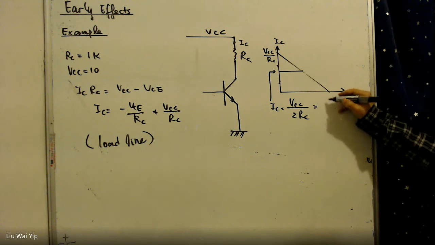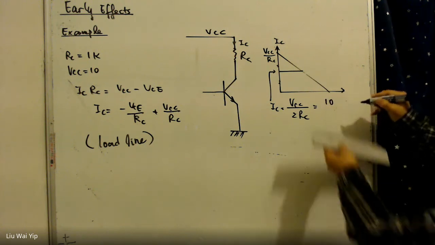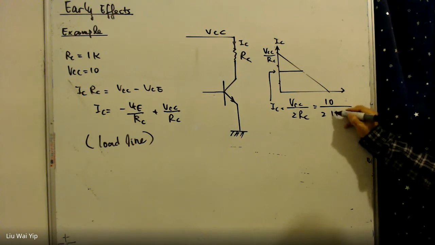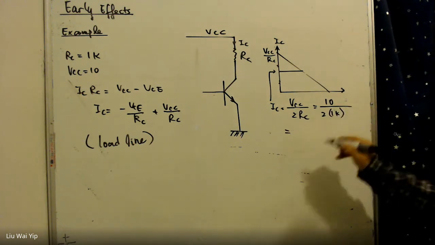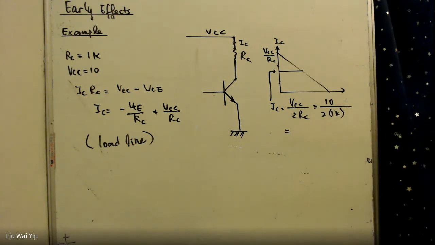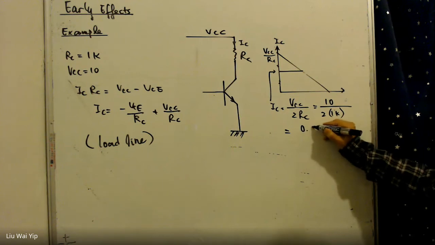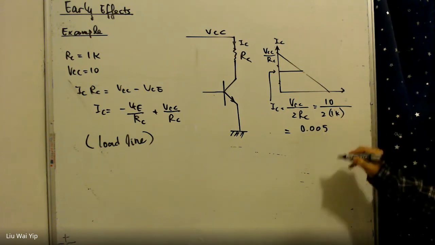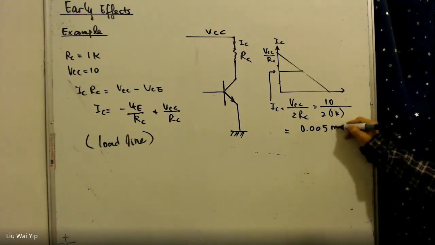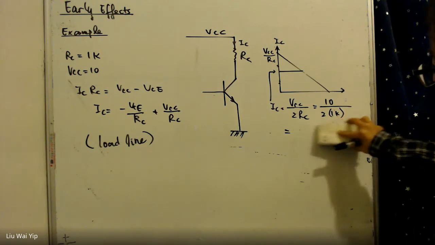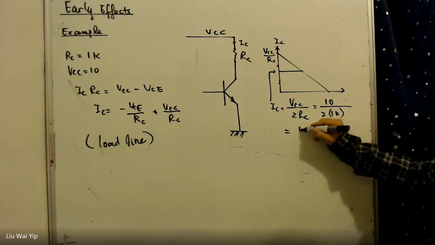Then we have 10 divided by 2 times 1K. The value that you get here is 0.005 ampere, so 5 milliampere.